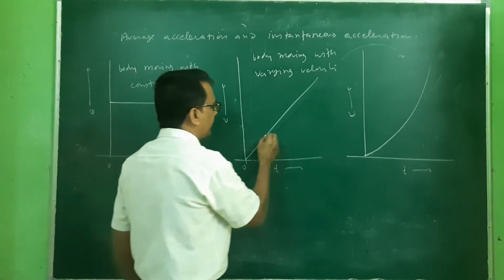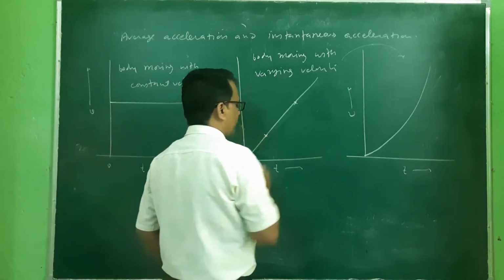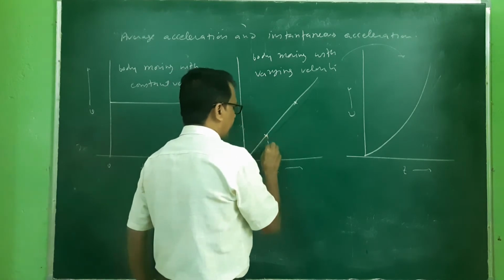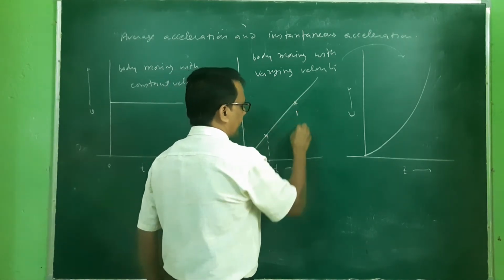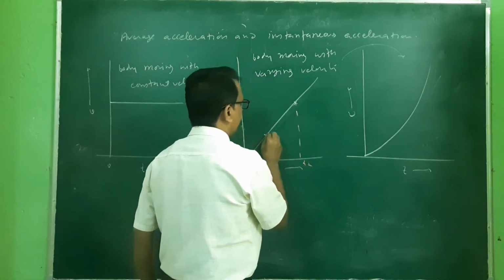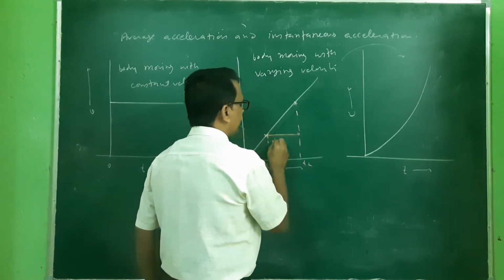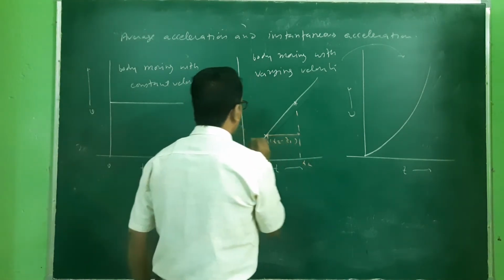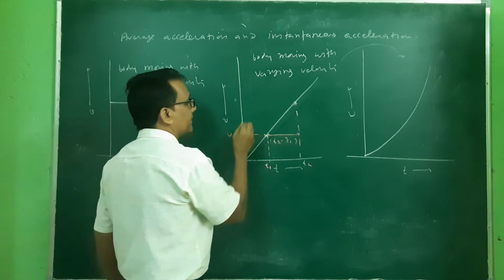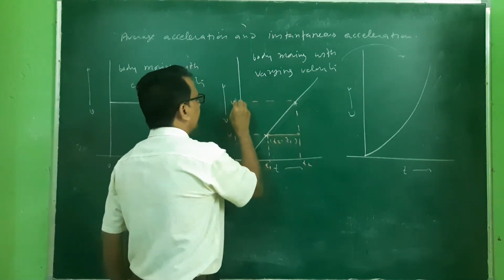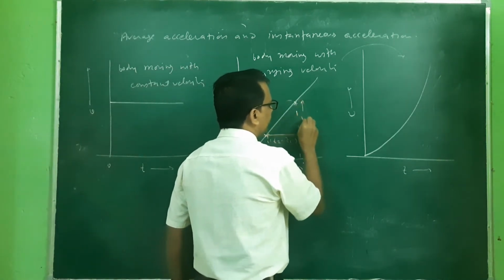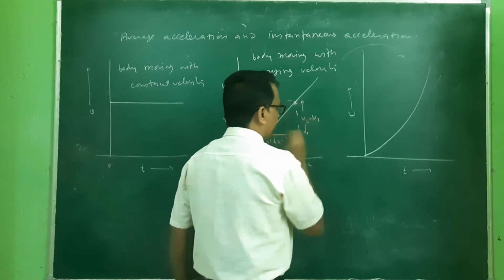Now here we will take 2 points, and let's say this is time t1 and this is time t2, and this gap is t2 minus t1, and here let's say that velocity is v1, and here that velocity is v2, and this difference is v2 minus v1.